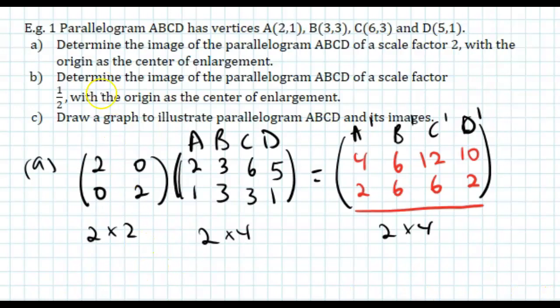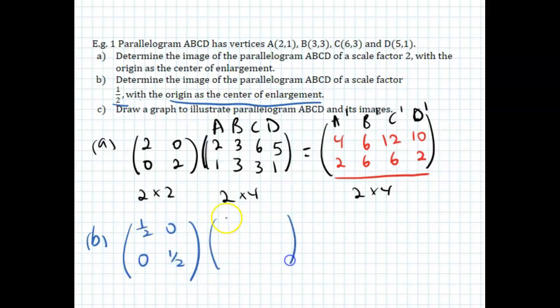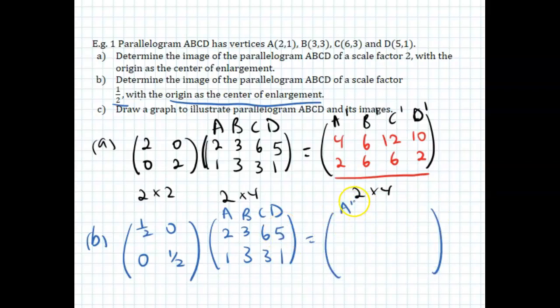Now moving on to part B. Since the scale factor is a half, and also because the origin is the center of enlargement, I would use a matrix that looks like this. Again, repeating the points A, B, C, and D, I will then get A double dash, B double dash, C double dash, and D double dash.